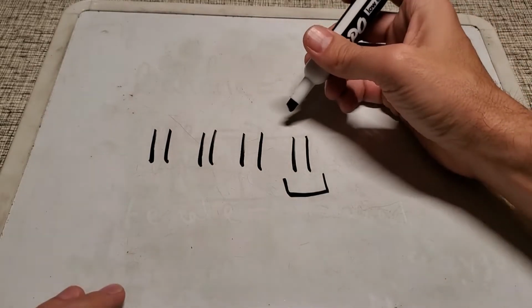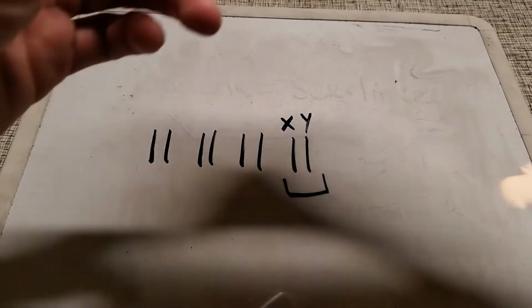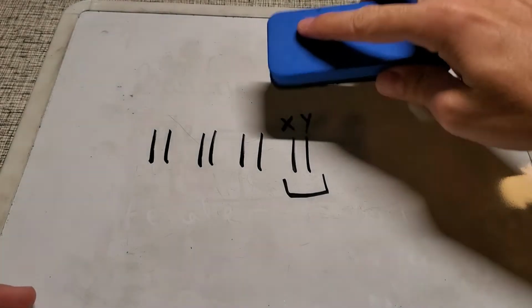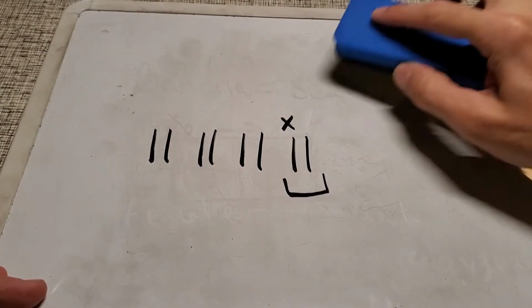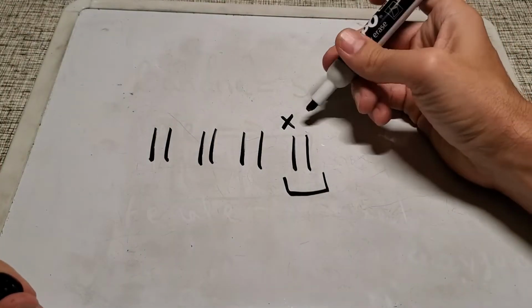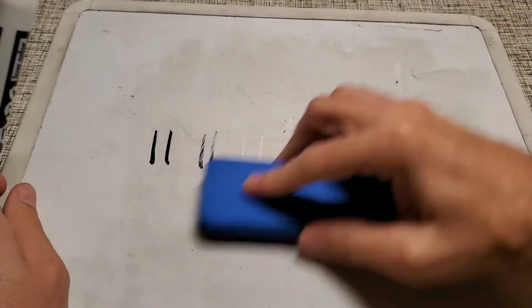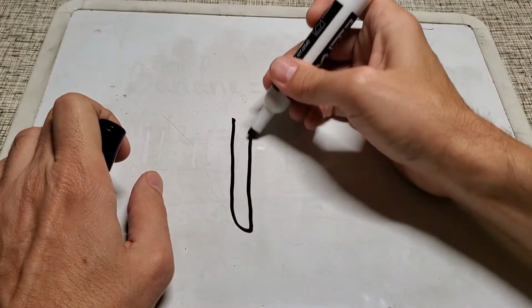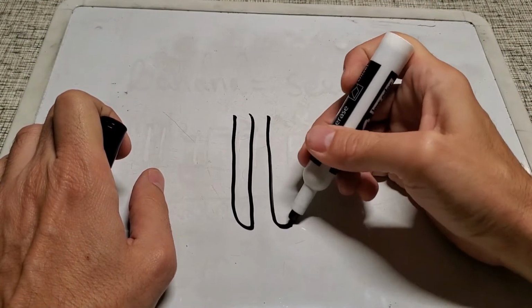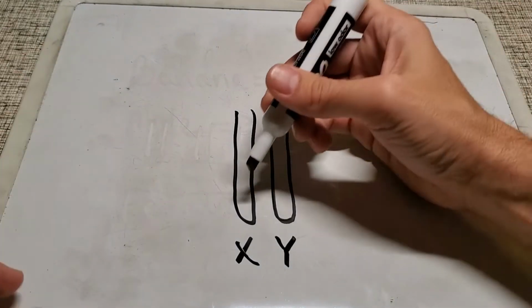And most animals, they are called X and Y. Ball pythons included. So if you have an X and a Y, you are a male. If you have 2 X's, you are a female. And let's take a look at these 2 chromosomes. We're going to draw these chromosomes out just like we did before, okay? These 2 chromosomes, X and Y, look exactly the same.